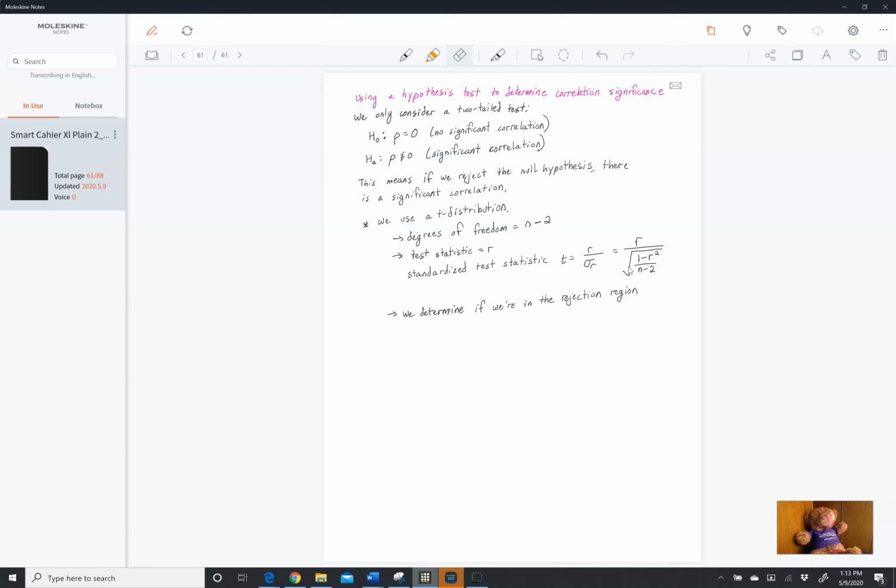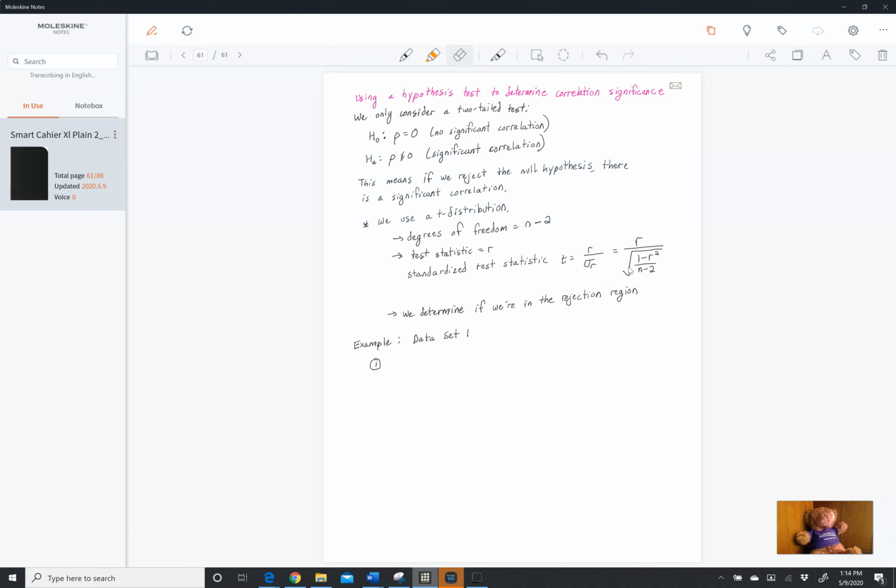So for an example, we're going to use data set 1. Usually we would determine if it approximates the t-distribution or normal distribution. We're not going to do that because the way that we would do that is something that you haven't learned, so I'm going to leave that out.